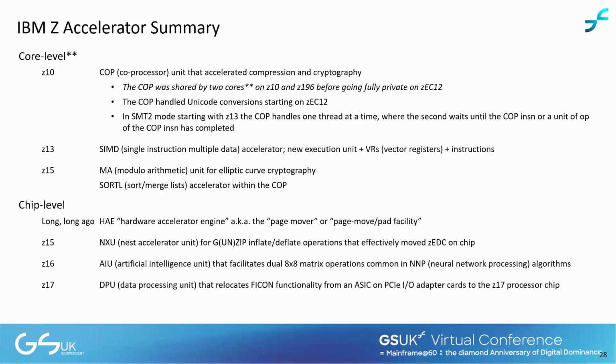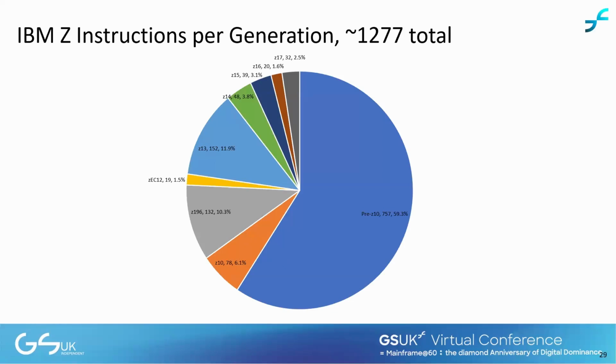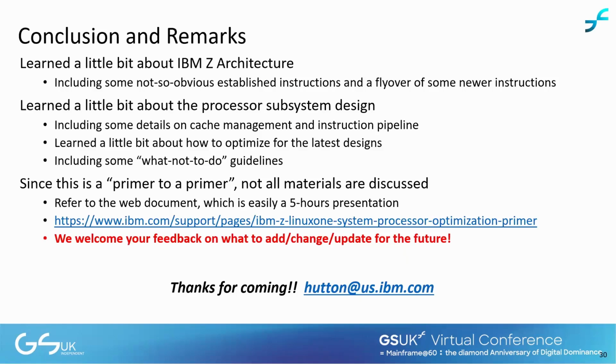So handy descriptions of that, and again, a nice chart showing you by generation. So if you haven't touched your codes since Z10, you're basically foregoing like 40% of the architecture and all these potential optimizations. So that's it.